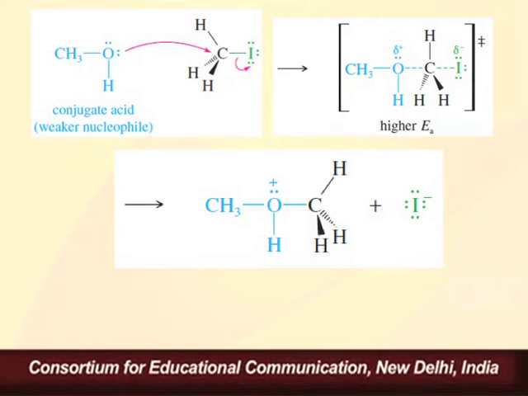Now, since there is charge separation in this transition state, it is less stable as compared to the transition state which we had obtained by the reaction of methoxide ion with methyl iodide. Hence, the energy of activation here will be high and the rate of reaction will be low. So we can conclude from here that the conjugate base of an acid is a stronger nucleophile.